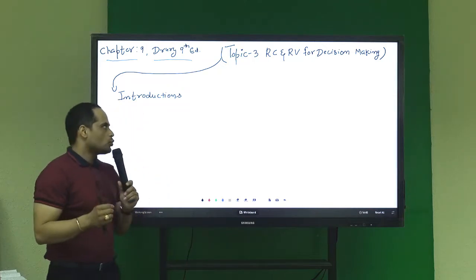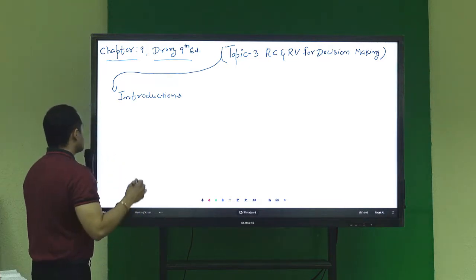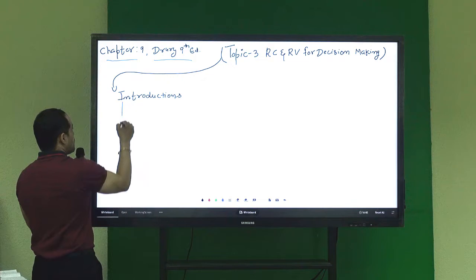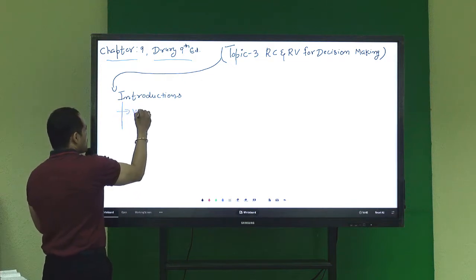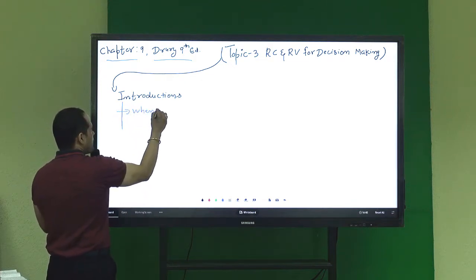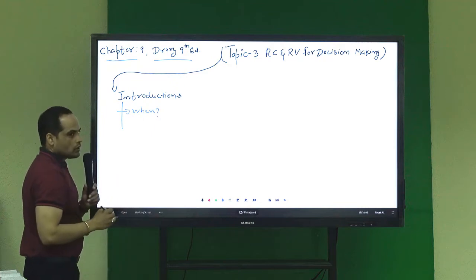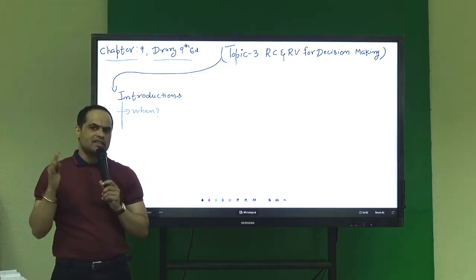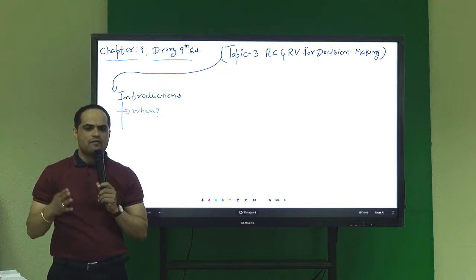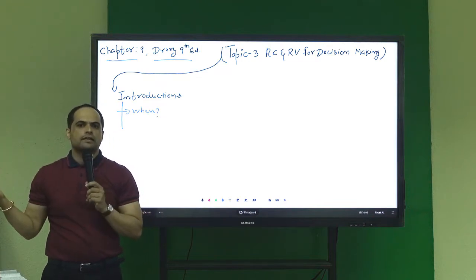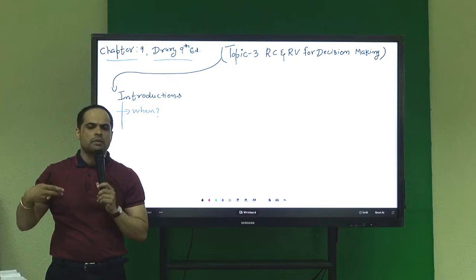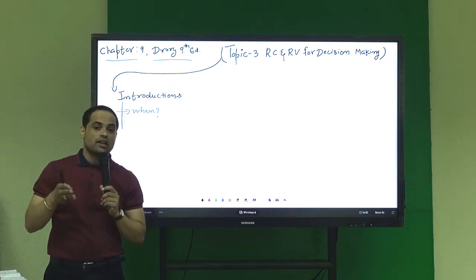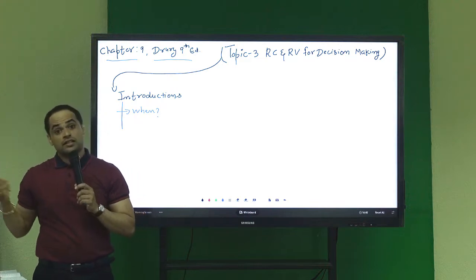So here we got a discussion that when we make a decision, we make a decision in a situation where we have alternatives available. Which means we have multiple options. So if we have multiple options, then of course we need to make decisions.